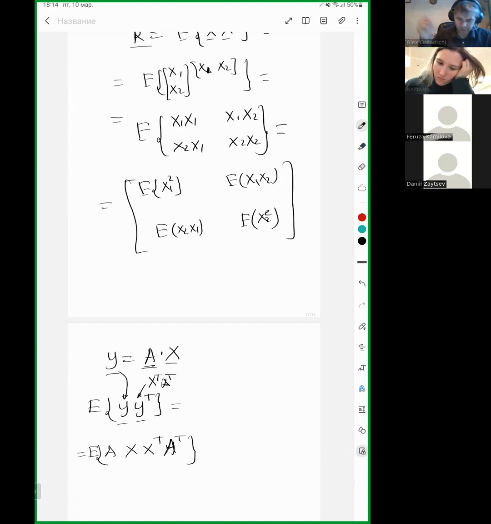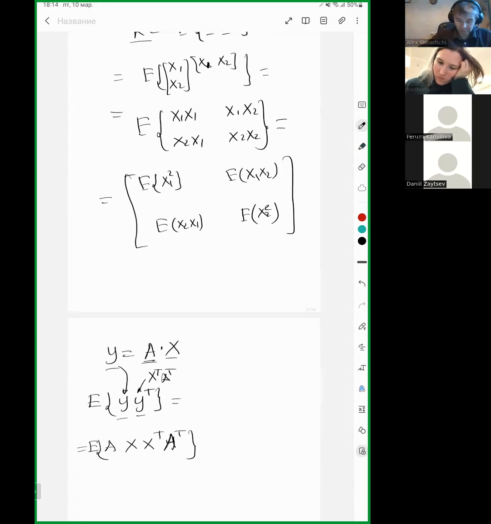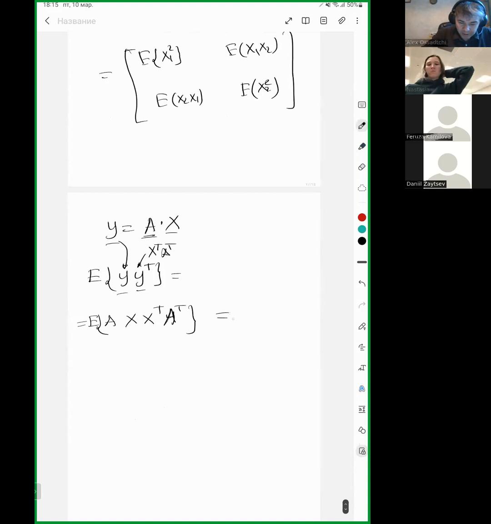Because A is not a random matrix. A is some deterministic matrix, just a set of numbers, and X is your random variable. Therefore, you can take the expectation and apply it only to this part, because those are just scalars and summations.